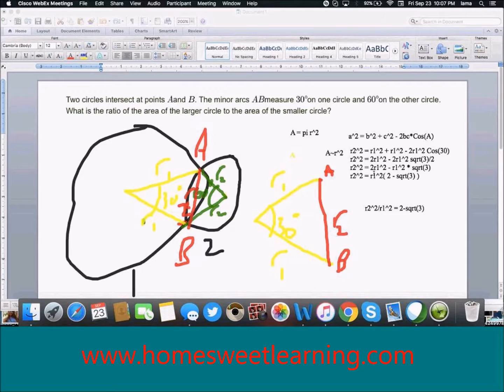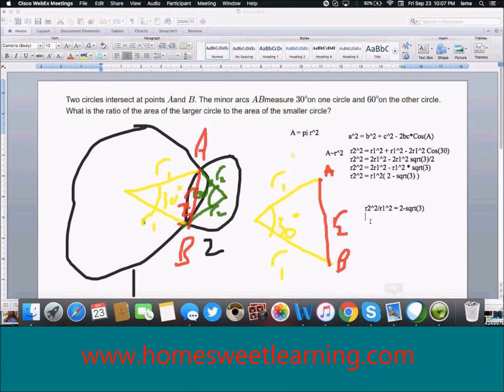And all I did there is took this and moved it over, and that's our definition of ratios, right? If you divide one by the other, what you get is the answer. And then from here, I can further prove the thing I said earlier about how the areas are directly proportional to the radius squared.